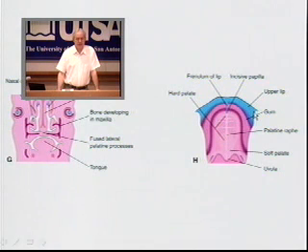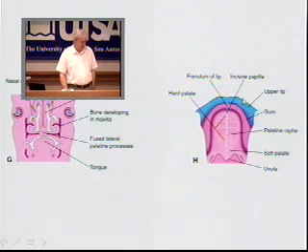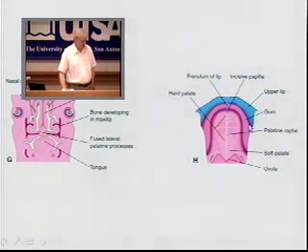Still covered with the same type of epithelium, just no hair follicles, right? Stratified squamous keratinizing epithelium, and the frenulum at that point. So when we follow that upper lip in, we know that there's the vestibule of the oral cavity, the space between our lips and the teeth and the gums.